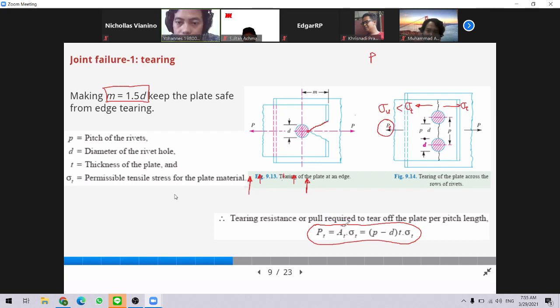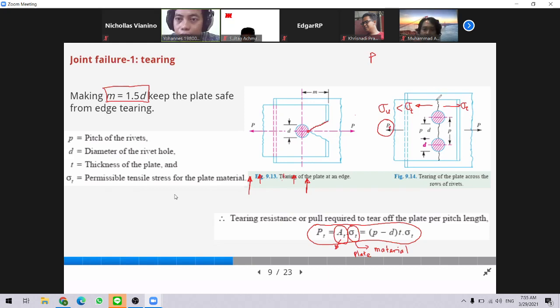Here we have the tensile area multiplied by the tensile stress of the plate. This comes from the material of the plate, and this is the geometry of the joint. This is the tensile area, the effective area of the plate that holds or resists the load.